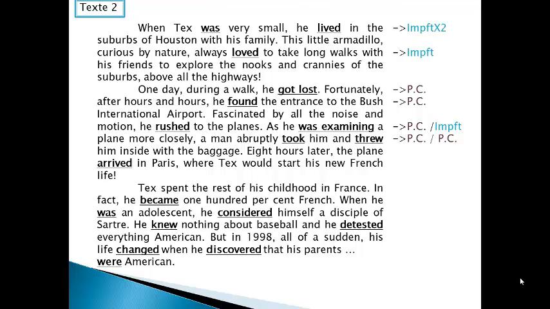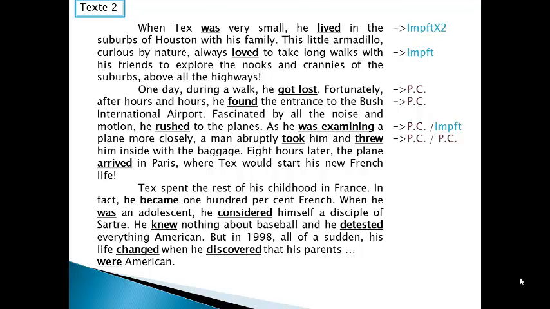When suddenly something happens, passé composé. You remember, it's the same story as he was in the shower, the phone rang. As he was in the shower, imparfait, suddenly something happened, the phone rings, passé composé. So here's the same thing. He was examining, imparfait, a man took him and threw him inside, passé composé.